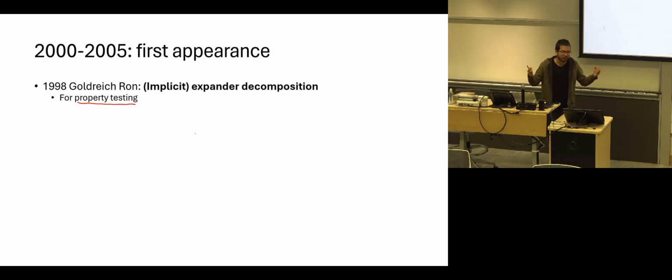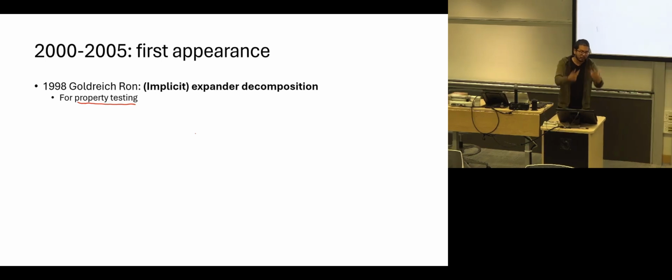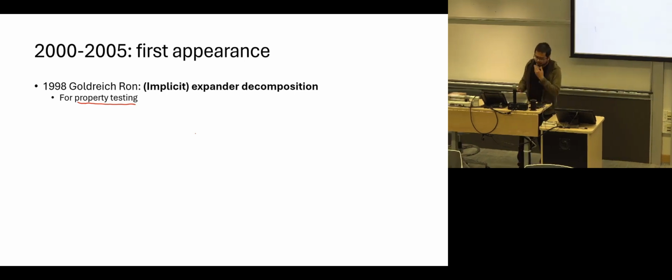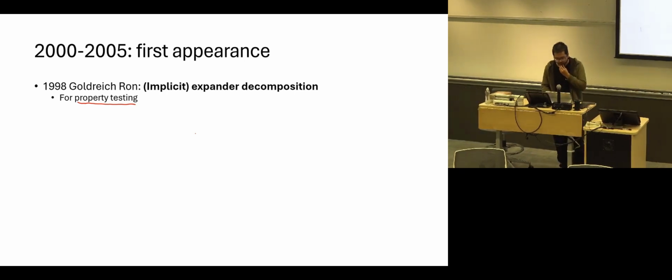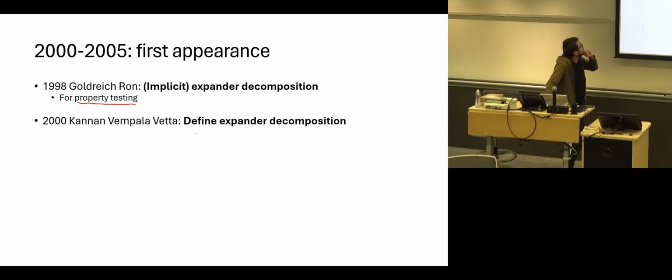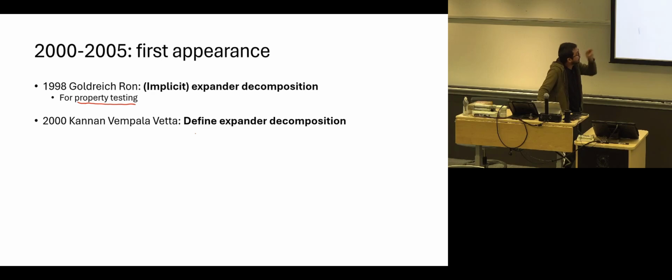You want to spend constant time to test if the graph satisfies some property or is really far from satisfying it. And it turns out expanders are useful there. But it's only in 2000 when Kannan, Vempala, and Vetta defined expander decomposition explicitly. This is where it first appeared explicitly.